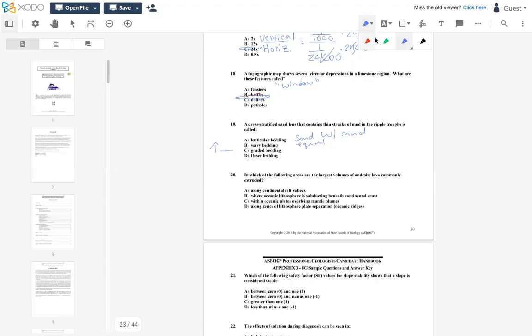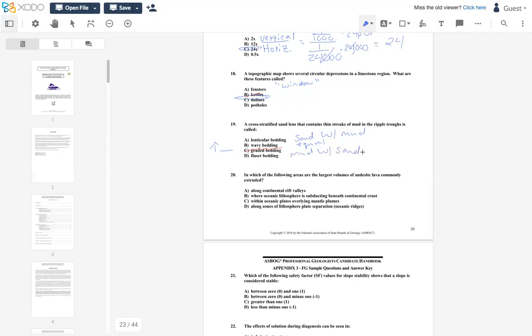So it's not similar to these other three, so I'm going to just eliminate that one. And then D, flazer bedding. That's where we have isolated drapes of mud with cross laminae of sand. So we have mud with sand.